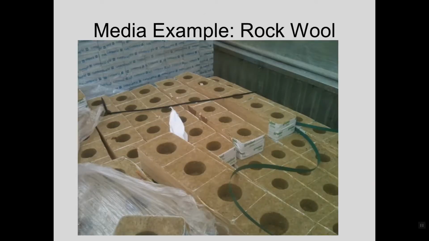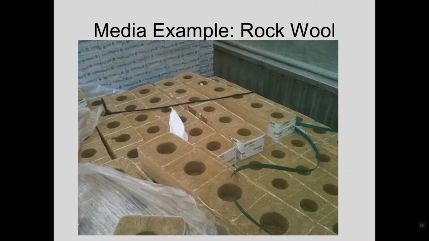Here's a picture of rock wool. This is where each of these, one plant would be planted into that. A little plant would be grown in a small pot, like a peat pot, and once it germinates and gets big enough, it could be inserted into the middle of these rock wool containers, and then these rock wool containers are set in a tray where there's moisture.